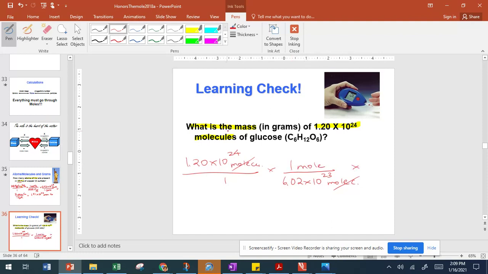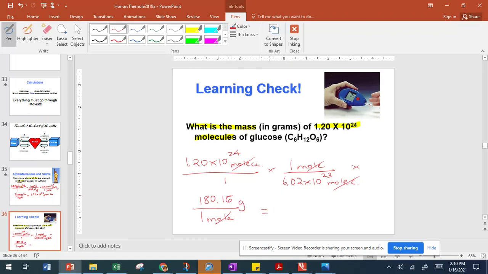And then we want to get to mass, so we're going to be multiplying by the molar mass by putting mole on the bottom to get rid of that, and then put the molar mass of glucose on the top, and that's 6 times 12.01 plus 12 times 1.008 plus 6 times 16, which gives us 180.16 grams.